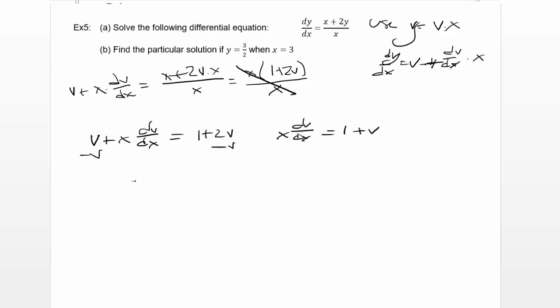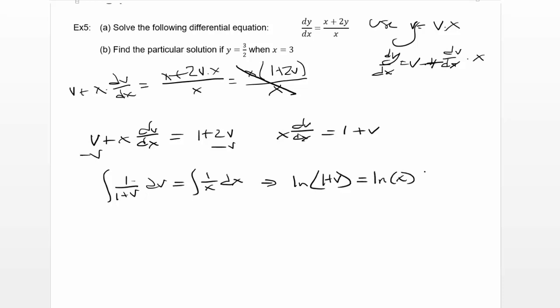And I will get the following: 1 over 1 plus v dv is equal to 1 over x dx. Again, we'll eliminate these operators by integrating. This gives me the natural log of 1 plus v on the left side. This gives me the natural log of x plus c on the right side, the constant of integration.